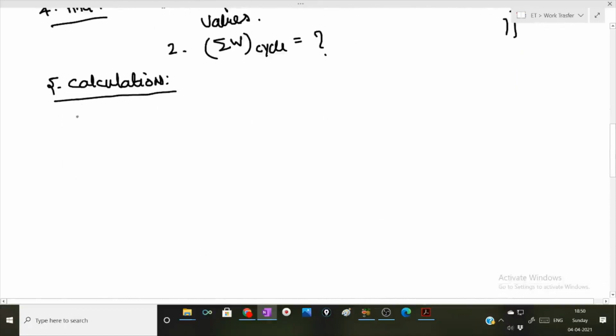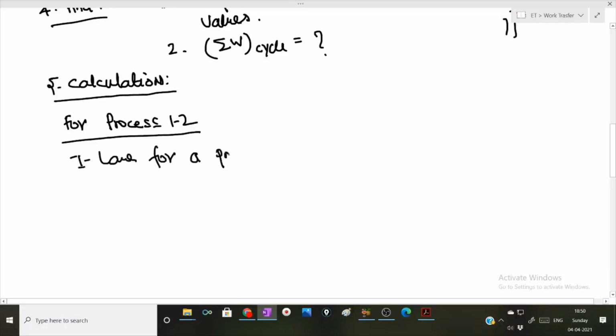So first, consider process 1 to 2. Now I can apply the first law for process 1 to 2, and it can be written as Q1 to 2 is equal to delta E1 to 2 plus W1 to 2.